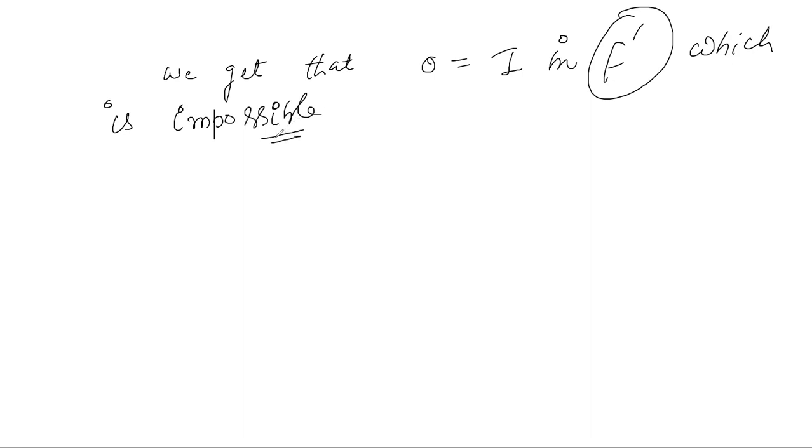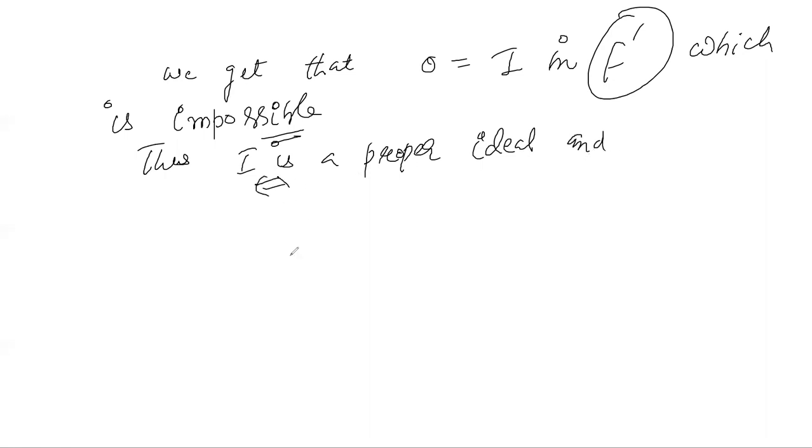So this means our assumption is true: I is a proper ideal. Once I is a proper ideal, it is contained in a maximal ideal. We know that every proper ideal in a ring is contained in a maximal ideal by Zorn's lemma.